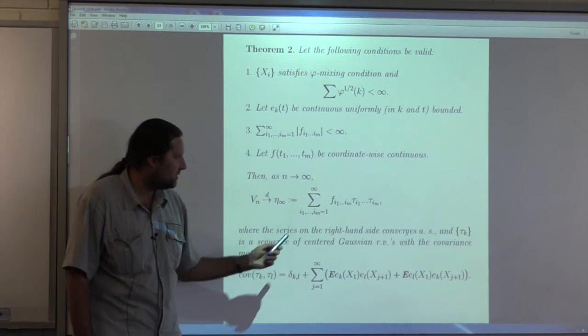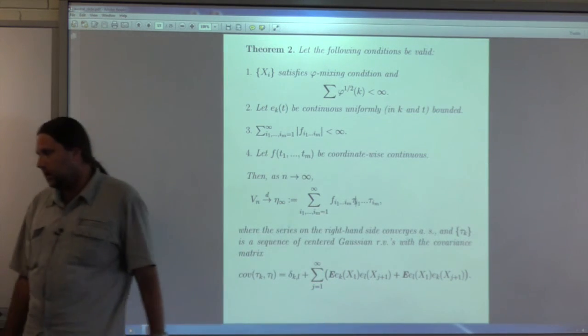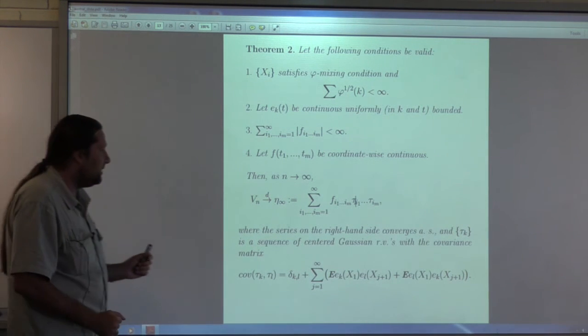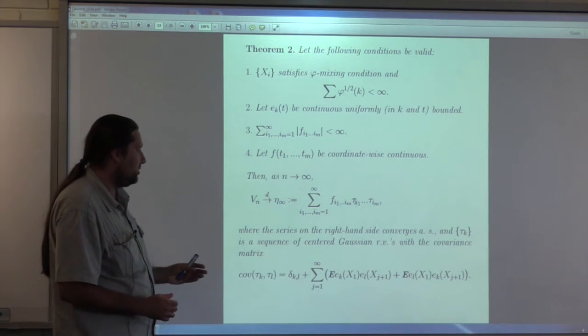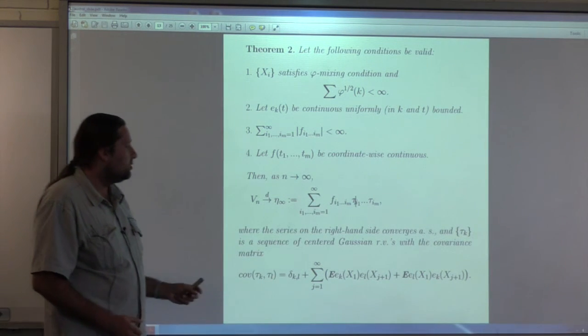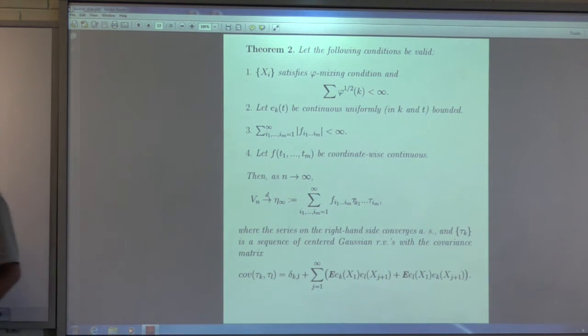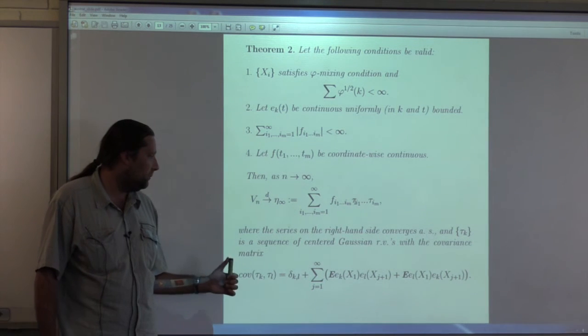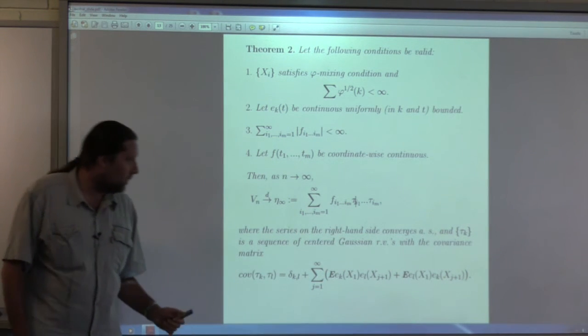Here the f are coefficients and tau are centered Gaussian random variables, which in the case of independent observations are independent, and in the case of weakly dependent observations they are dependent. The first result, the independent case, is classical, derived by Rubin and Vitale in 1980, and the result under the weak dependency condition is quite up to date.